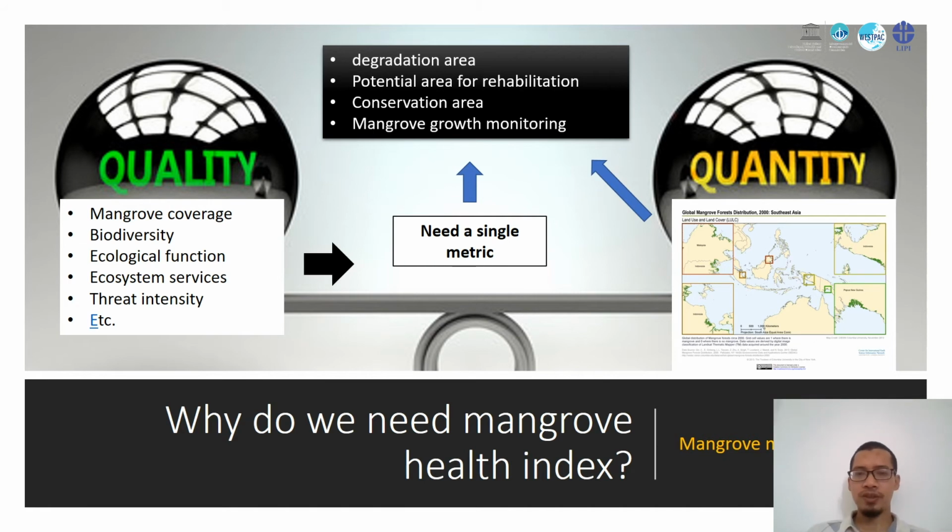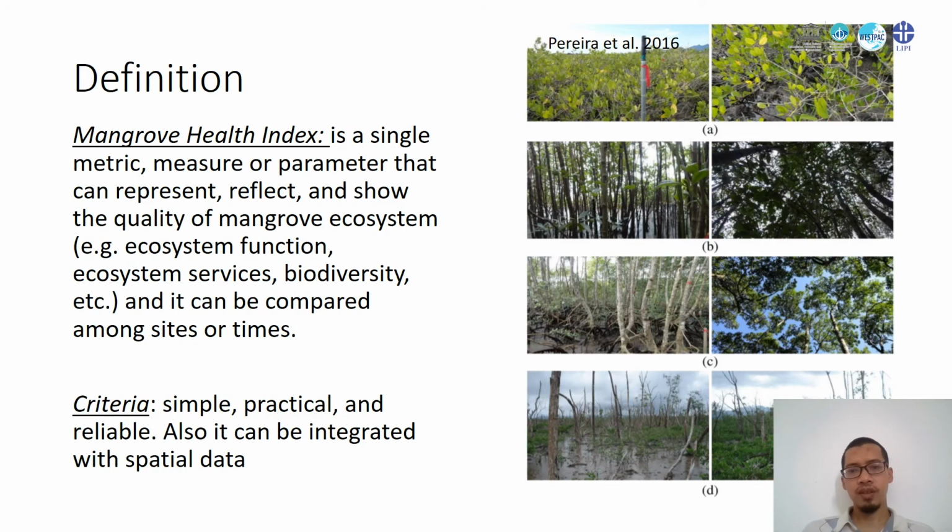This is very important, especially for mangrove management at the national level. So here we define Mangrove Health Index as a single metric, measure, or parameter that can represent, reflect, and show the quality of mangrove ecosystems like ecosystem function, ecosystem services, biodiversity, and etc. And also it can be compared among sites or among different times.